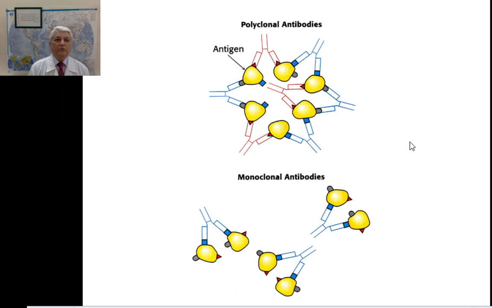So the problem was to force a lymphocyte somehow to live long, to produce the large clone of the cells, which can synthesize a large amount of monoclonal antibodies, which we can use for diagnostics, for treating of diseases, for scientific purposes, and so on.